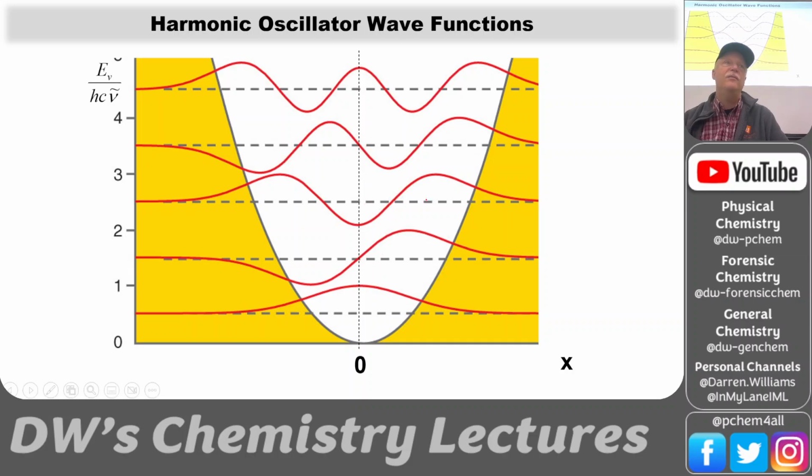So very similar to the particle in a box, even though it's not. One of the things that's different is look at the potential energy function. For a particle in a box, we had L over 2 and minus L over 2. And our potential energy was 0 inside the box and went up to infinity at the ends. Okay.